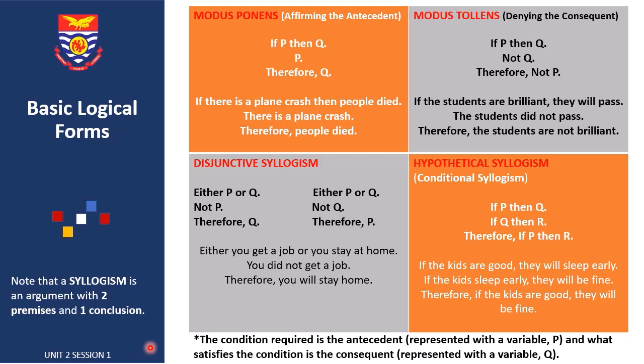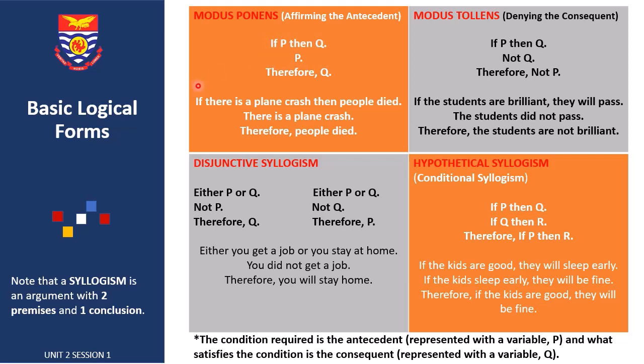Like if you satisfy this condition, then I'll do that. The condition that you have to satisfy is what we call P, right? What I will do if you satisfy the condition is Q, right? That is stated as a consequence that comes after the antecedent. So we have P as the antecedent and Q as the consequent.